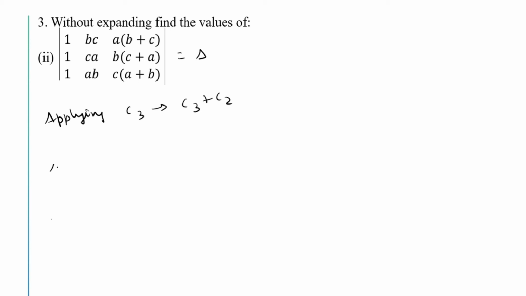So in that case we will get C1 and C2 remains the same. Here it will be AB plus AC plus BC, and here it will be BC plus AB plus CA, and here it will be AC plus BC plus AB.